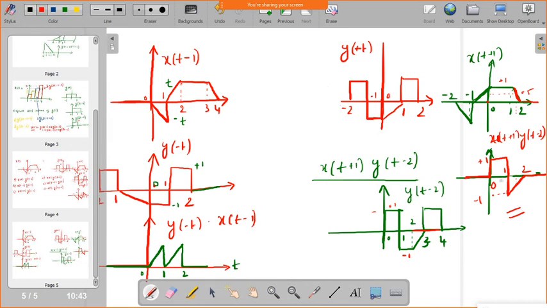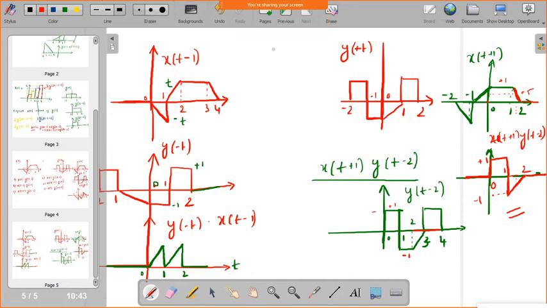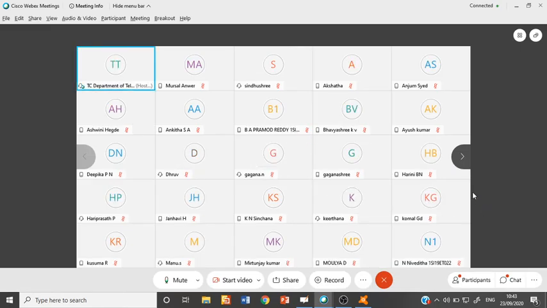So is it fine? Anybody who didn't get this signal, or anybody is having any doubt? Hello? You need to respond, otherwise how can I come to know whether you are understanding or not? Kirtana?